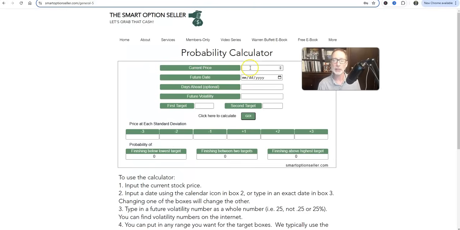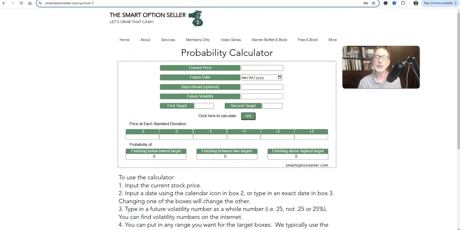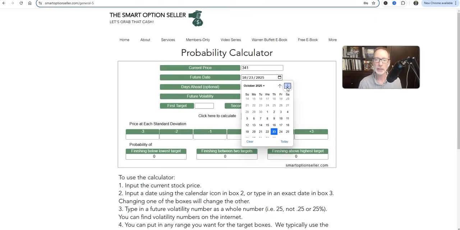This is a probability calculator we have on our website that helps us understand what the chances are of the stock moving from point A to point B. As I said, you can use the delta, but the probability calculator lets you do what if scenarios. So let's put in this stock price of $341, and we're going to go out to the expiration date of October 17th.